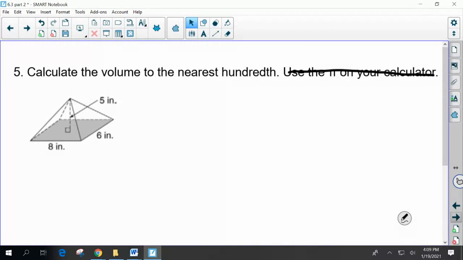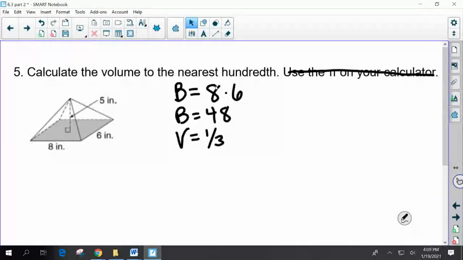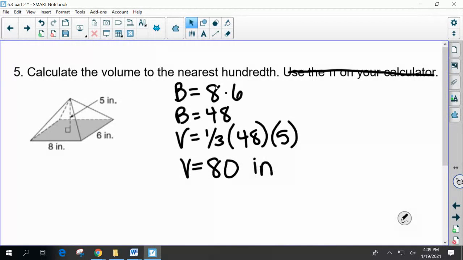So again, pause your video and calculate this. Okay, so you should end up with an answer of 80 inches cubed.